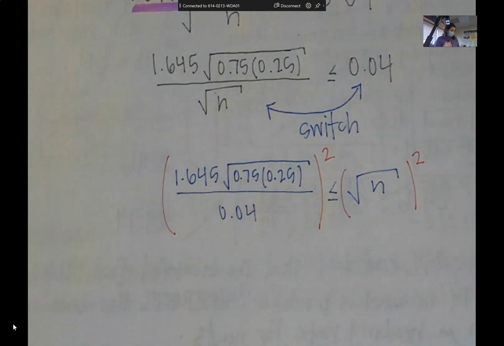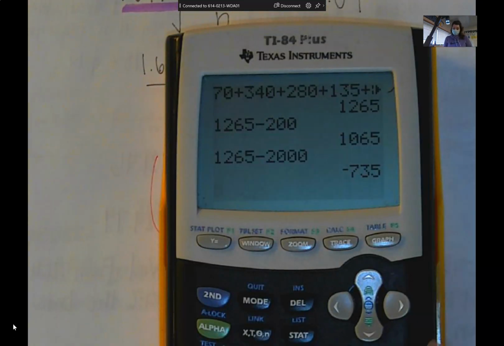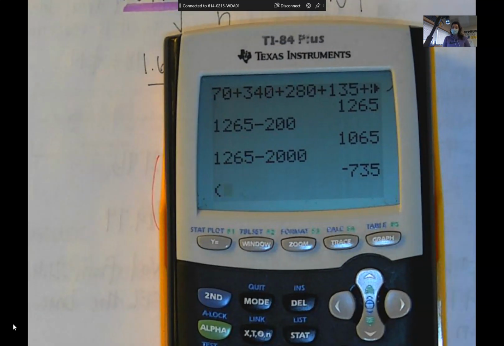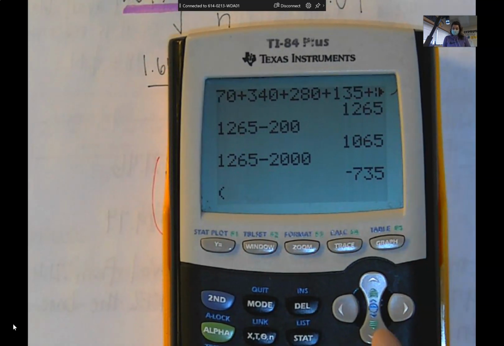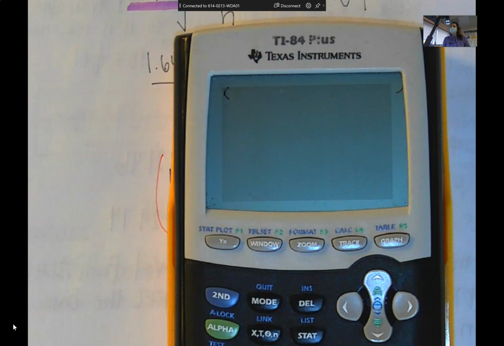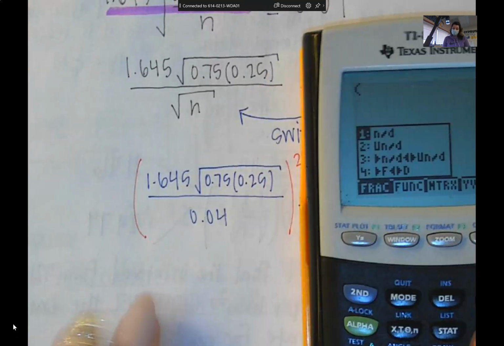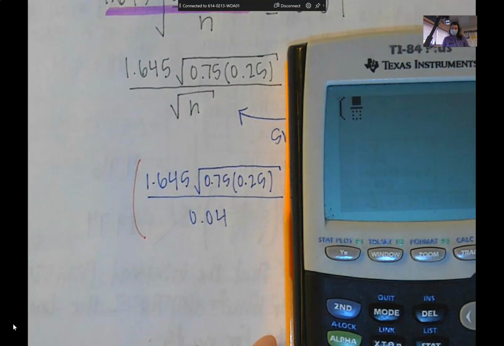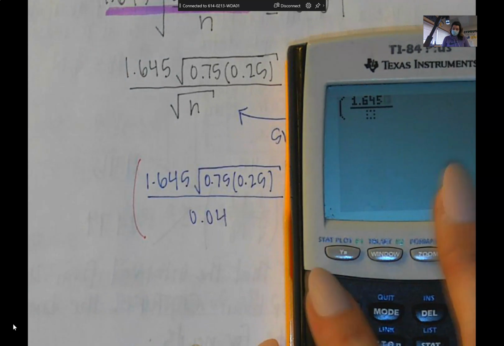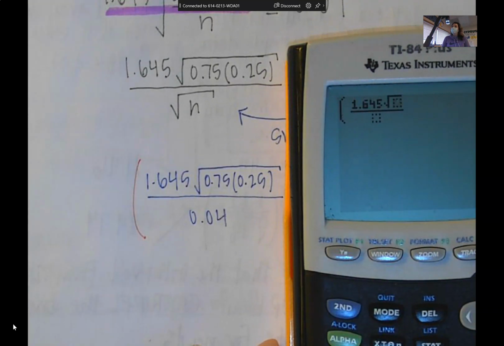What I end up plugging into my calculator is a big fraction. I usually put the parenthesis, but you don't have to. So I would put parenthesis, green button, y equals. Choose option 1. 1.645, root button, 0.75 times 0.25.